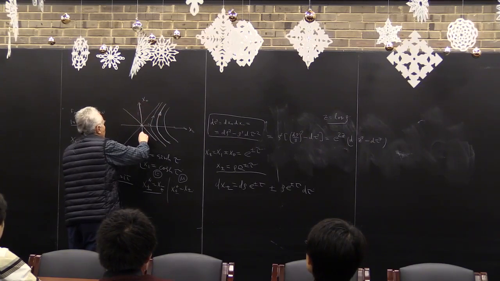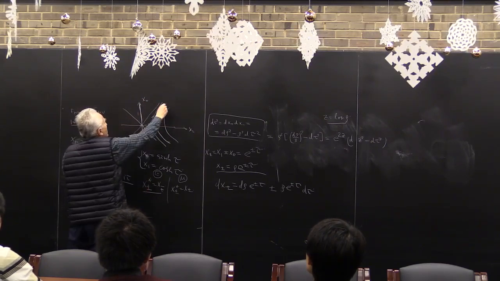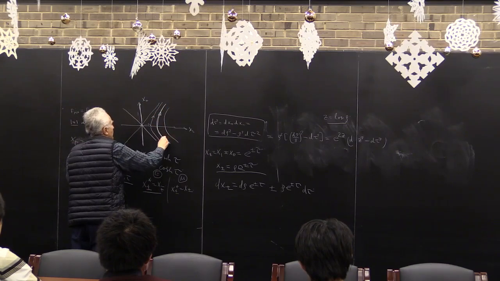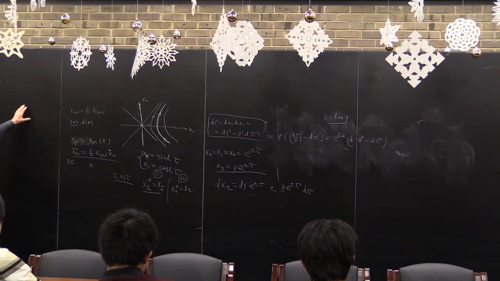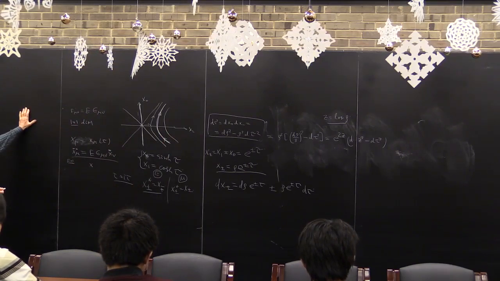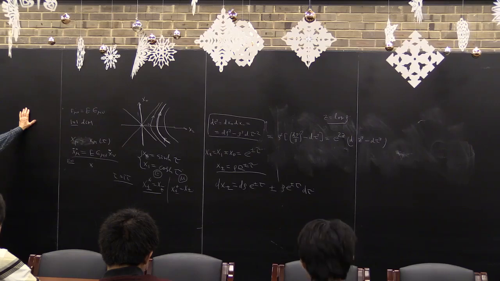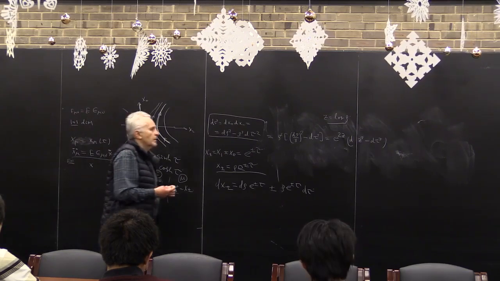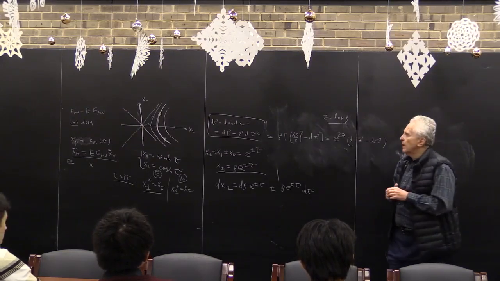The world line of the observer at rest is this one. The world line of this guy is here. And now imagine that there is here, obviously, a very important phenomenon called horizon. There is a horizon in these coordinates.